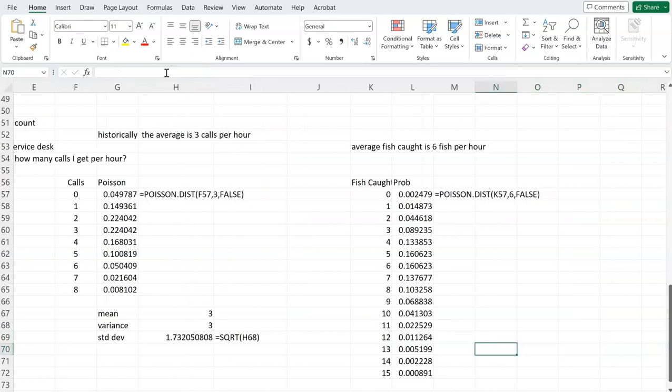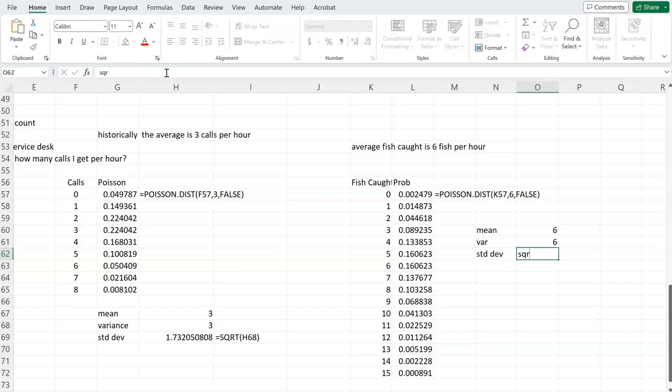And the same thing here, if my number of fish caught is 6 per hour, that's the mean, my variance is 6, and my standard deviation is going to be the square root of 6. So mean is 6, variance is 6, and standard deviation is the square root of 6.